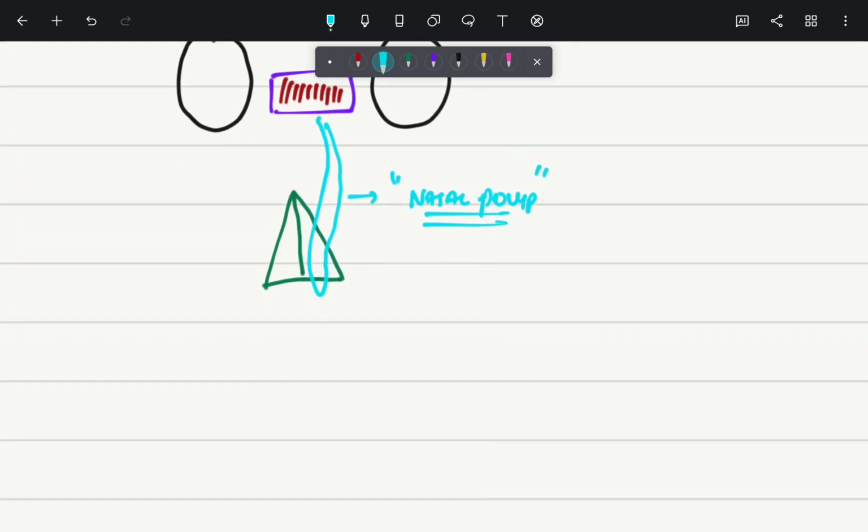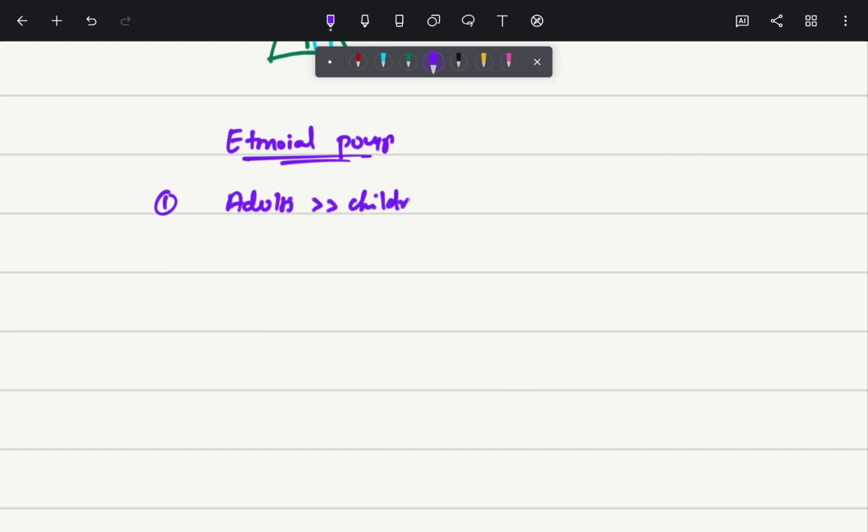Okay. Now, what are the differences between the ethmoidal polyp and the antrochoanal polyp? We have to see. But first of all, let's talk about ethmoidal polyp. It is commonly seen in adults compared to children, whereas in the case of antrochoanal polyp, it is commonly seen in children compared to adults.